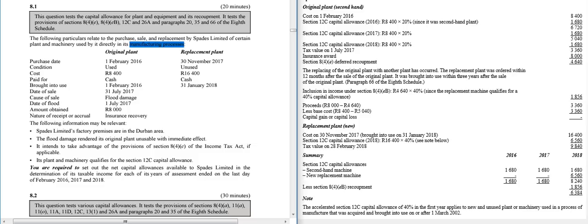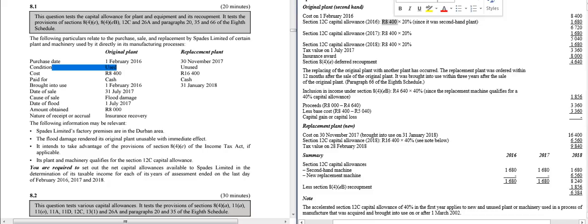It's on a used plant. So the allowance will be 20% on the cost over a 5-year period because it's second hand. The original cost was 8,400 Rand multiplied by 20%. So the Section 12C capital allowance for the first year of assessment is then 1,680.